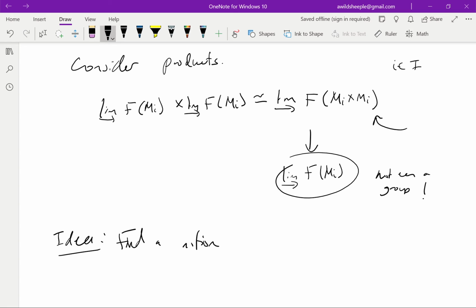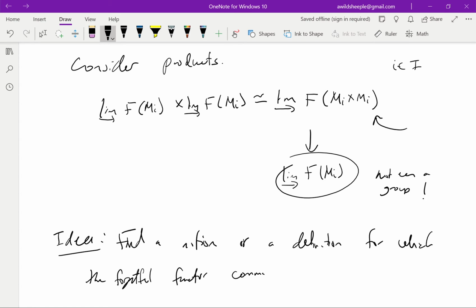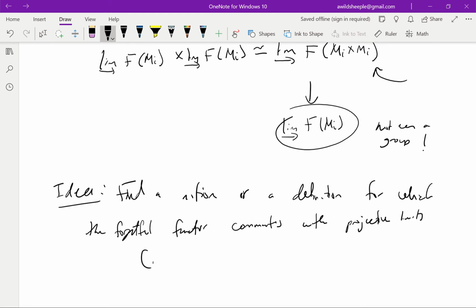Find a notion, or rather a definition, for which the forgetful functor commutes with projective limits under these hypotheses, whatever the definition is that I'm looking for. And of course, this is going to be our notion of a filtrant category.